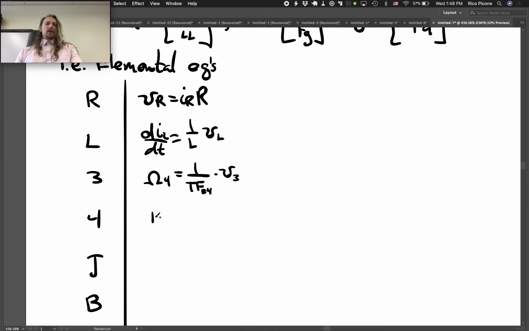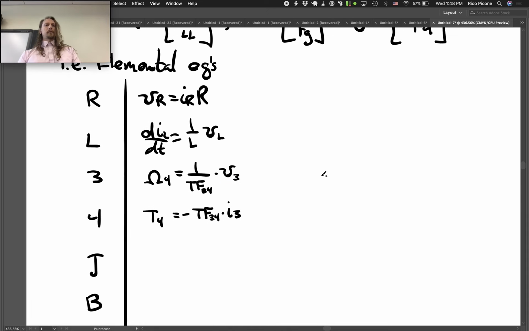And the torque 4 is equal to negative TF 3/4 times the through variable I3.